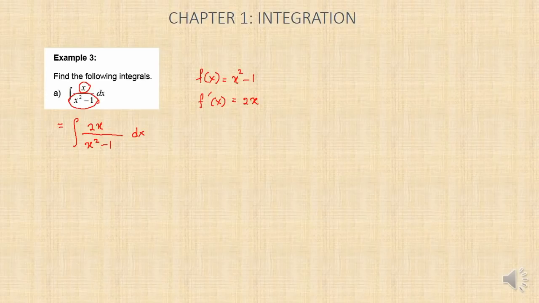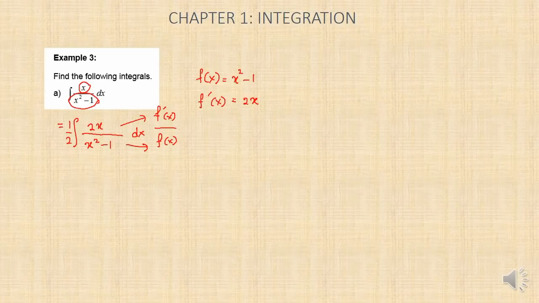I cannot simply put 2 on the numerator, so in order to balance the equation, I have to multiply by a constant 1 over 2. So this integral becomes the form f prime x over fx.